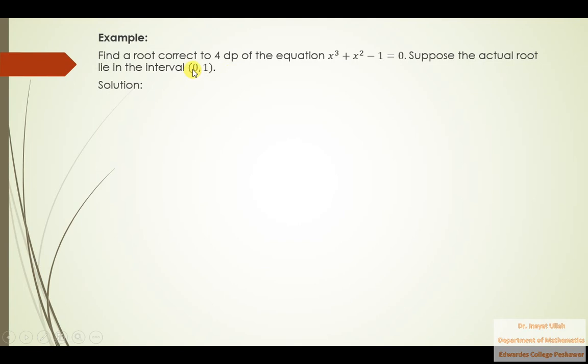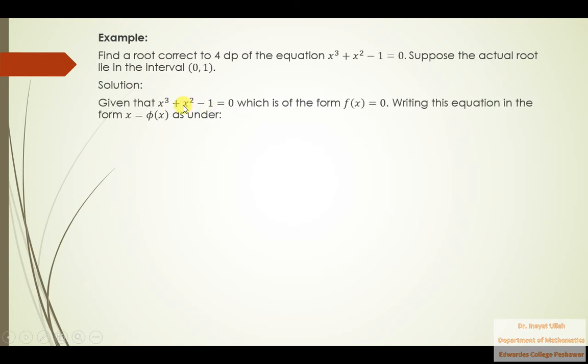So it means that this is x naught that is given to you. Solution is given that this is the equation, and this equation is in the form f of x equal to 0. This whole left hand side is f of x is equal to 0. Now we will write this equation in the form x equal to phi of x.